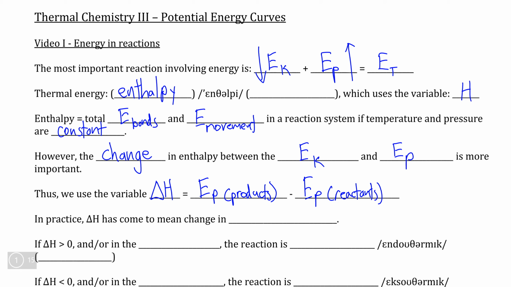So as a consequence of looking at the delta H formula like this, delta H can also be used to represent the change in potential energy between reactants and products, although we can just as easily write this formula relating to kinetic energy instead.